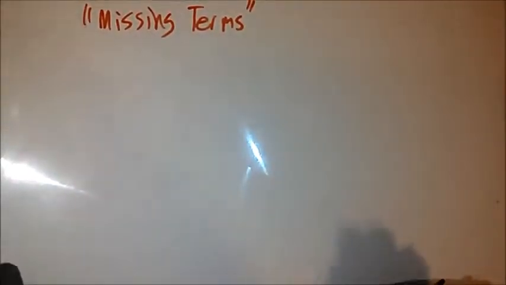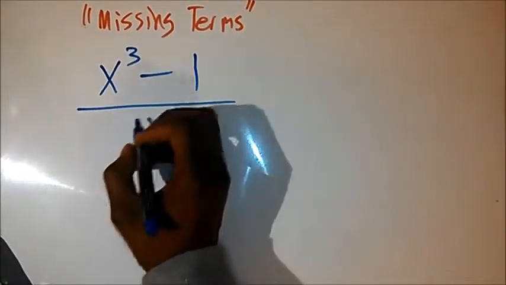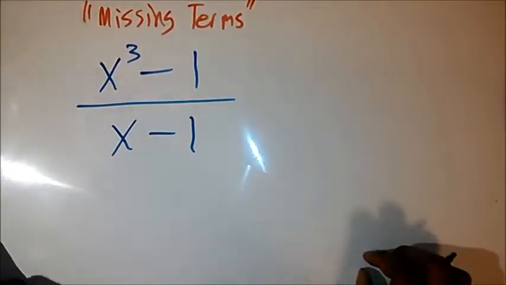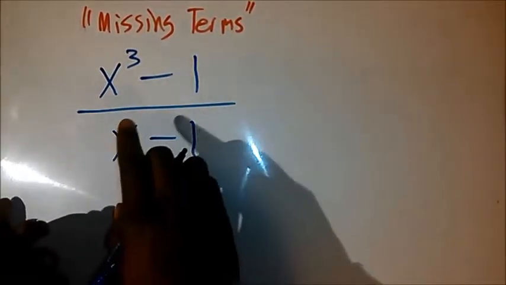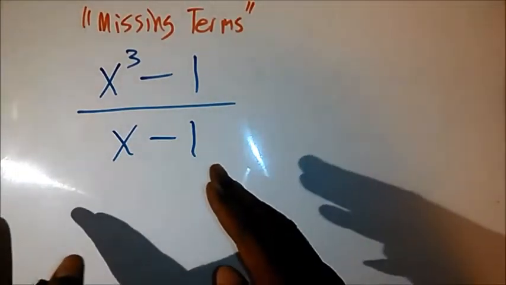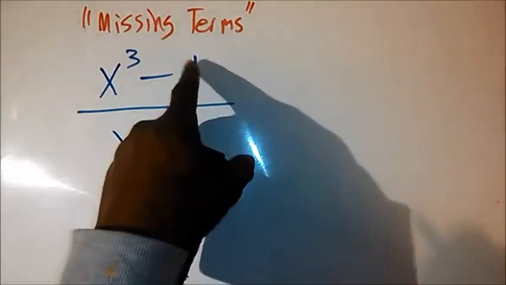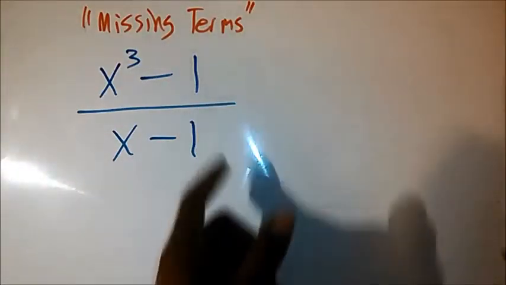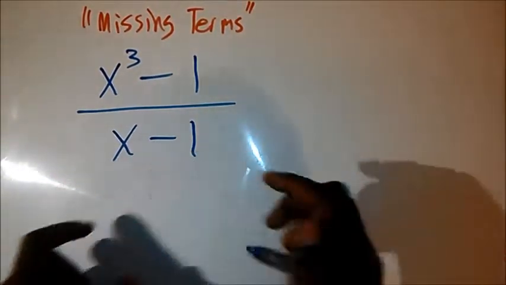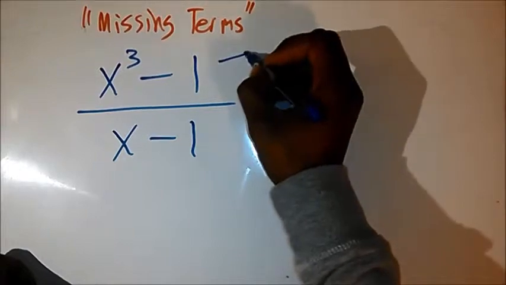Okay, let's try another one. Let's try x cubed minus 1 divided by x minus 1. And we ask ourselves, is the polynomial arranged in order of descending powers? Yes, it is, and there's a constant here. The same with this one. Is it missing terms? Yes, it's missing terms. So we're going to put placeholders in this one.